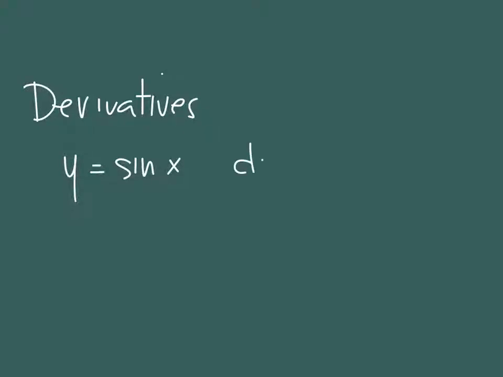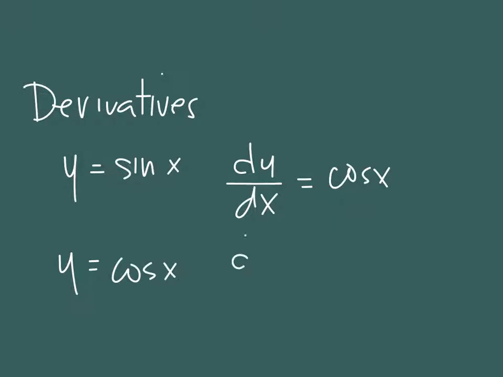So let's talk about the derivatives. Y equals sine x. The dy dx is equal to cosine x. Y equals cosine x. The derivative is negative sine x.